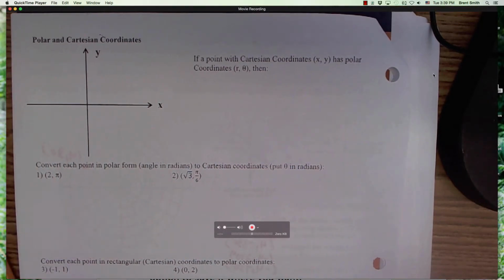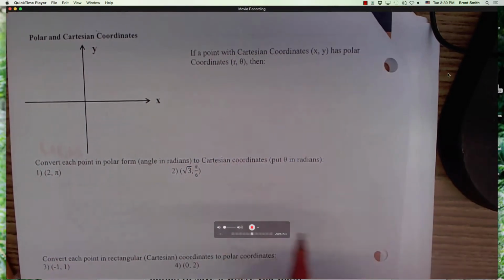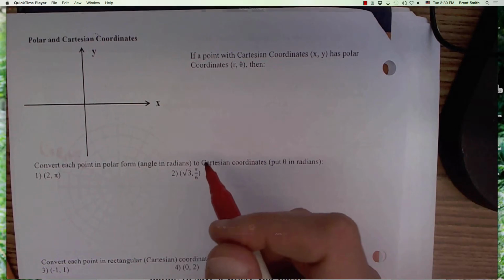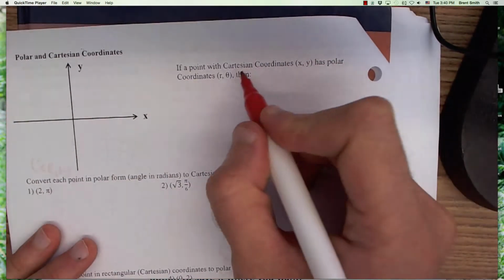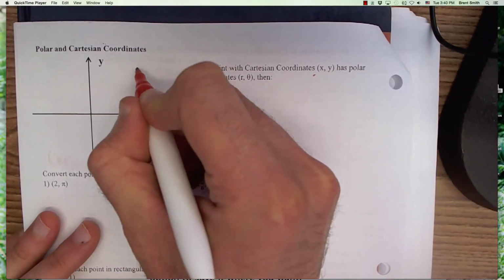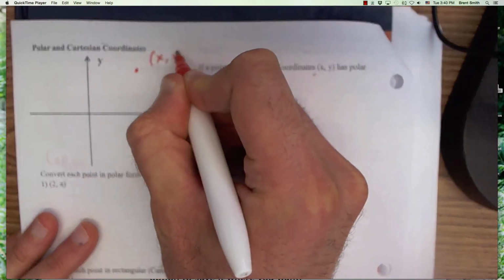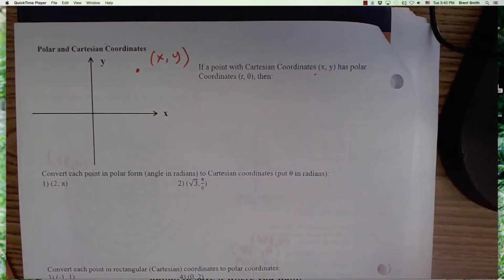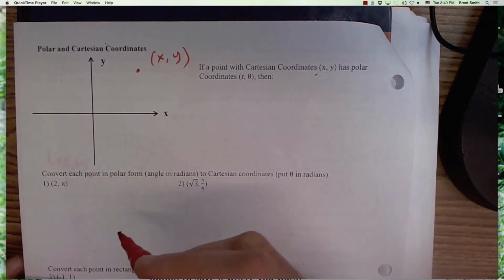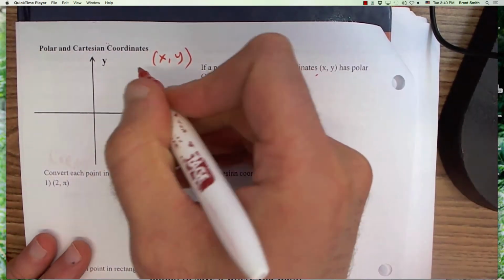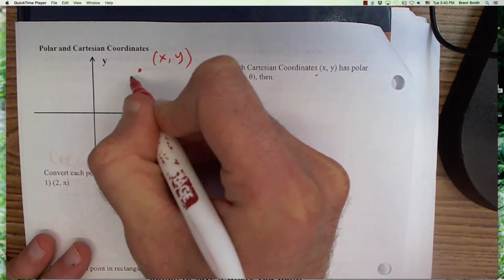Okay, polar and Cartesian coordinates. So, how do we connect these two ideas? So if I've got Cartesian coordinates x, y, so let's just go ahead and plot that, x, y. Let me turn on this lamp. That kind of helps. Okay, so if I've got x, y, let's think about how to represent that with polar coordinates.